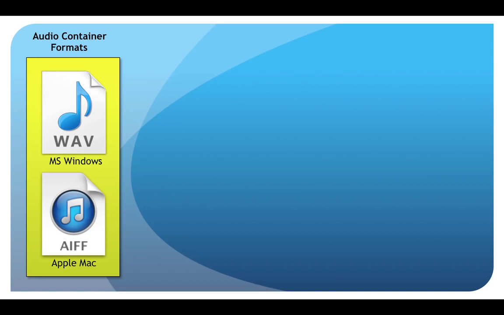If I insert an audio compact disc into my Mac laptop, the tracks on that audio compact disc are going to appear with an AIFF icon, branding them in the Apple Mac language of audio file formats. If I take that same CD and insert it into a PC with a Microsoft Windows operating system, those tracks will appear with a WAV icon.